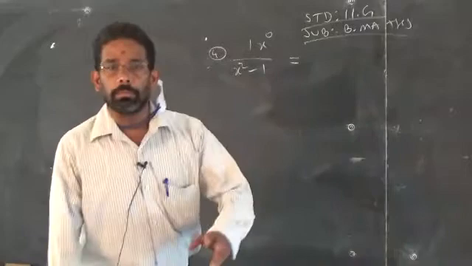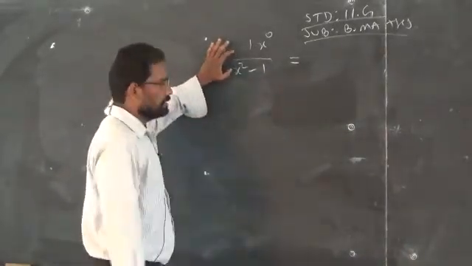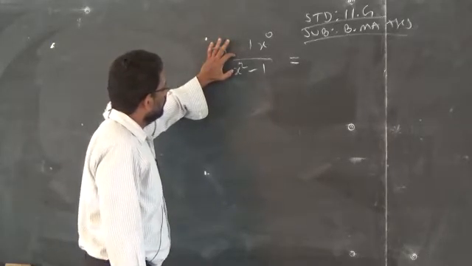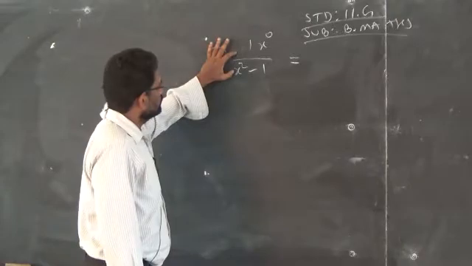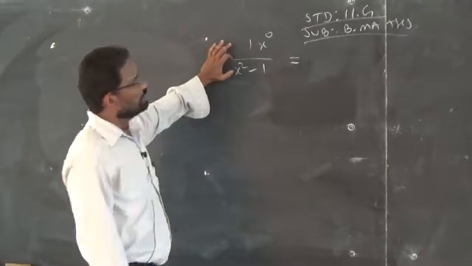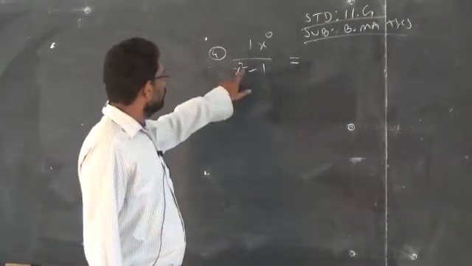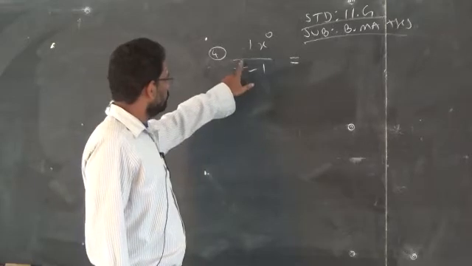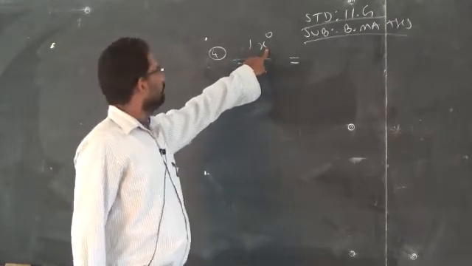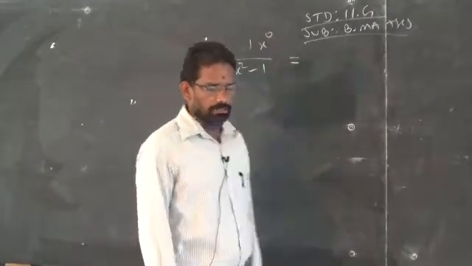This is a proper rational expression because the degree of x in the numerator is less than the degree of x in the denominator. The denominator has the higher power of the variable. Therefore, it is called a proper rational expression.